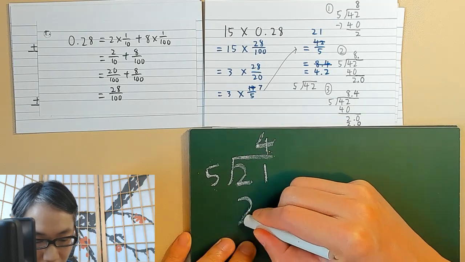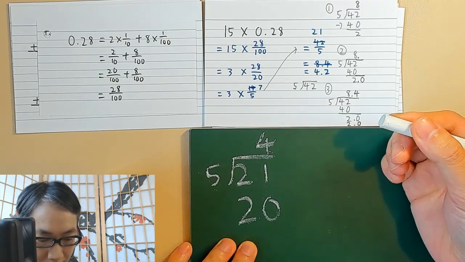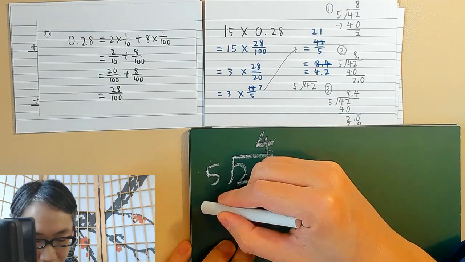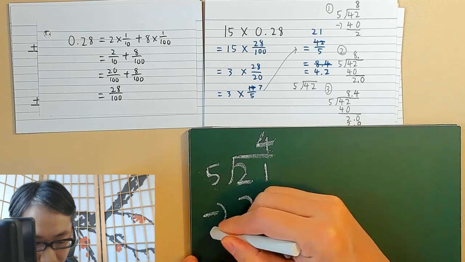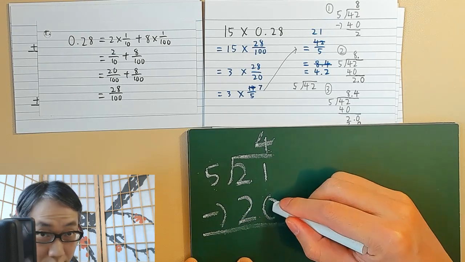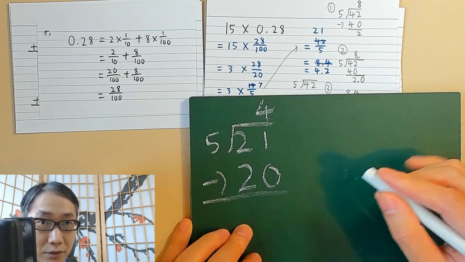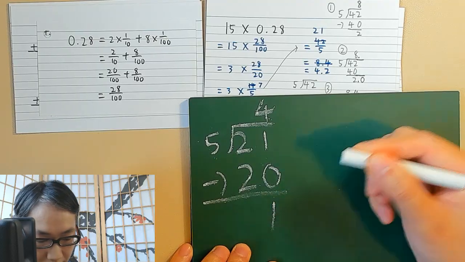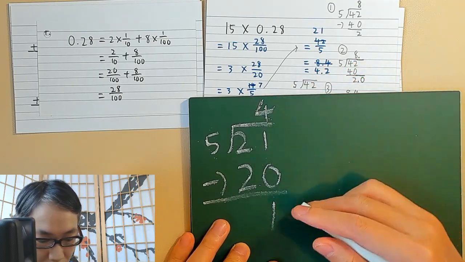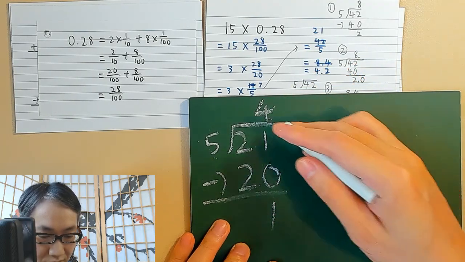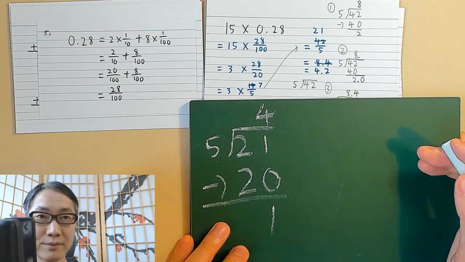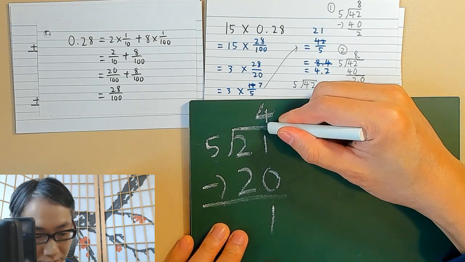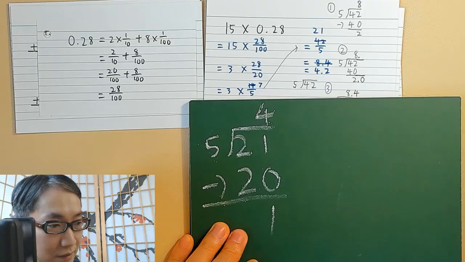So we have 20 here. We still have 1 because this is a subtraction. So we have 1 here. So this one, we still want to divide by 5. So how? We can extend it here.